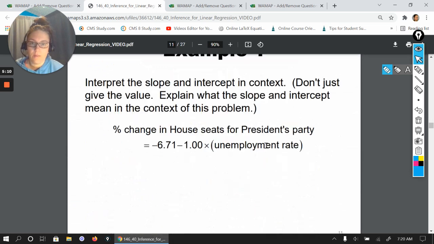So here's example 1. Interpret the slope and intercept in the context. Don't just give the value, explain what the slope and intercept mean in the context of this problem. So let's go ahead and do that. Let's first start with the intercept.